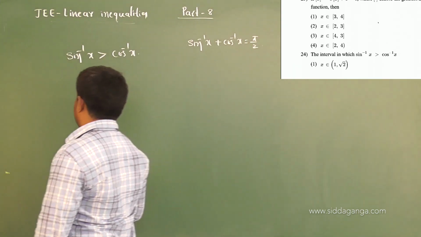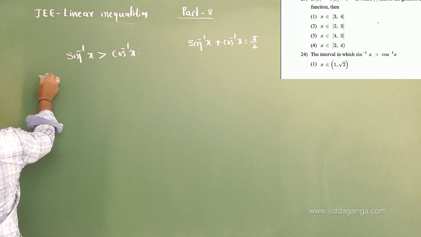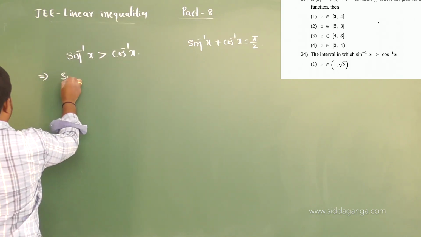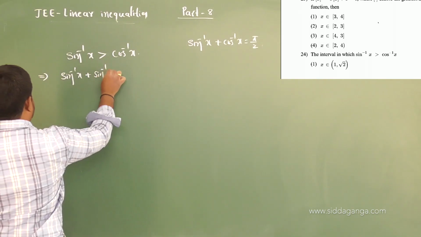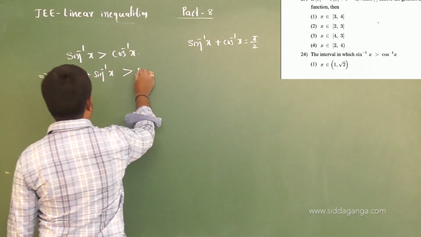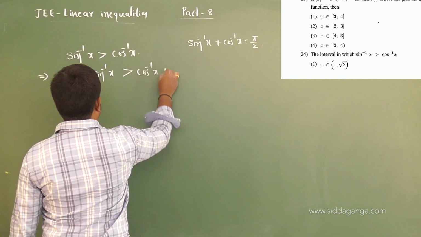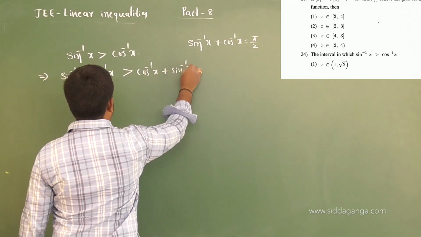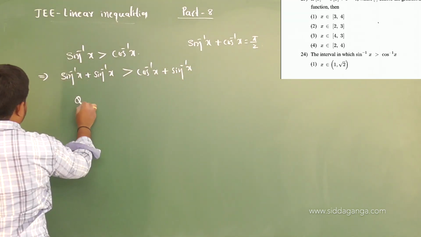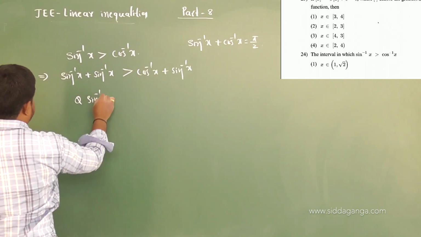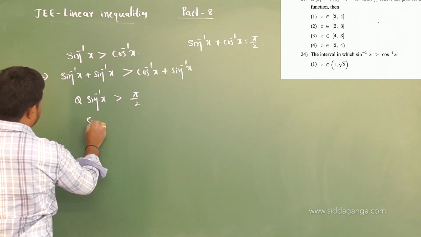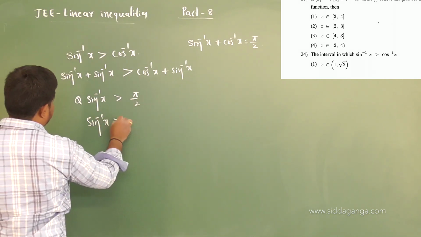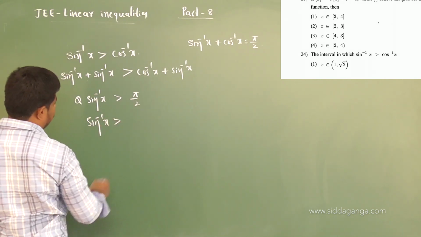Okay, so let me add sine inverse of x on both sides. So sine inverse of x plus sine inverse of x is greater than cos inverse of x plus sine inverse of x. This is 2 times sine inverse of x greater than pi by 2, or sine inverse of x is greater than, dividing by 2, pi by 4.